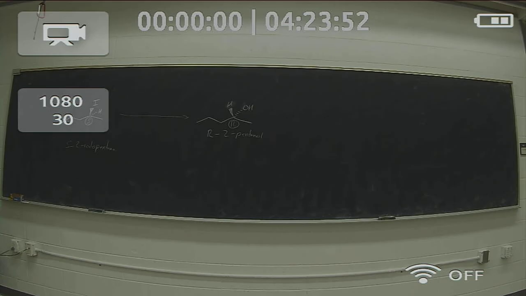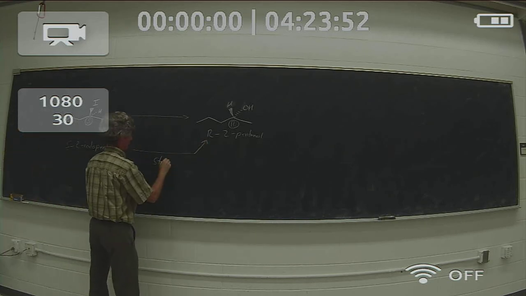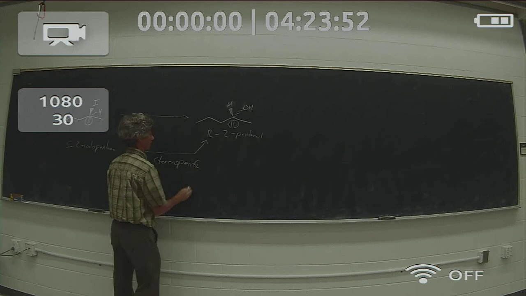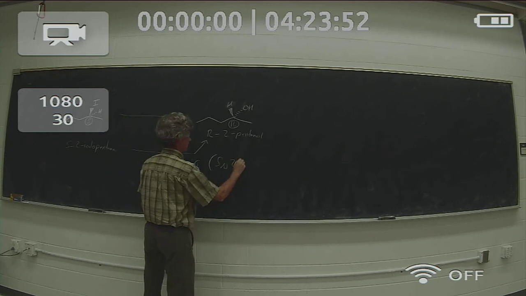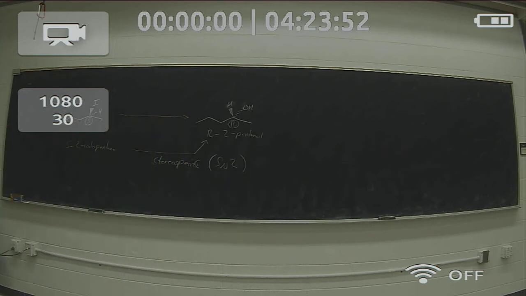So we'd like to not have a racemic mixture. We'd like to have this reaction be stereospecific, which means we want it to undergo an SN2 reaction, not an SN1 reaction. If we were satisfied with the racemic mixture, we could apply exactly the same conditions we applied in the tertiary substrate.